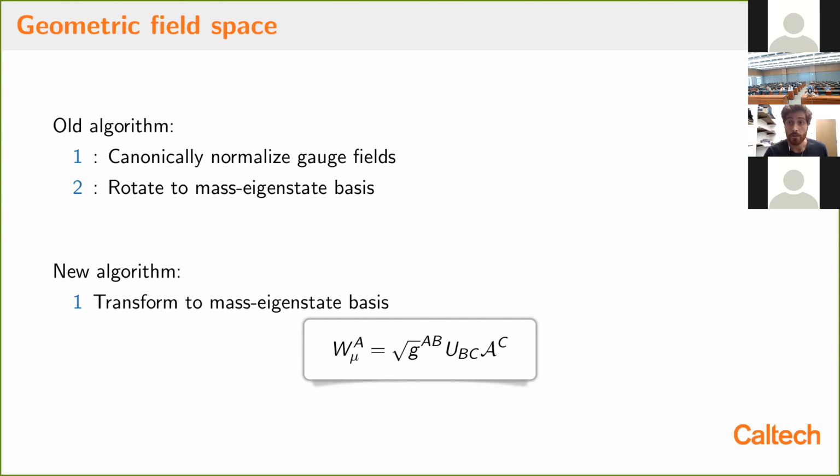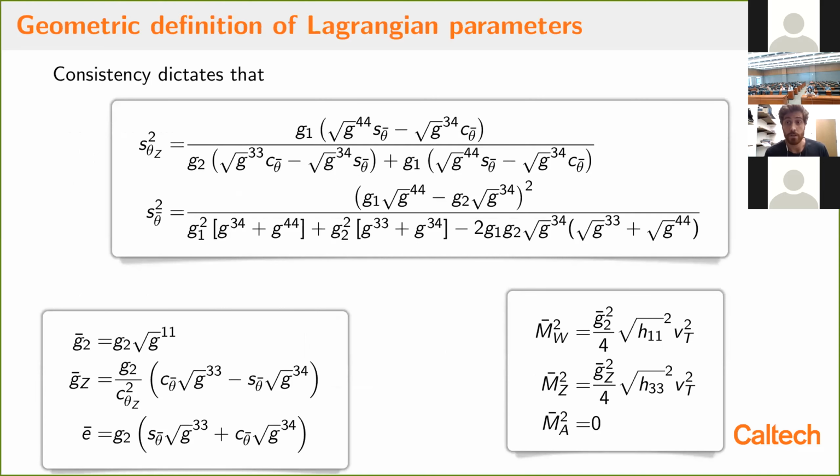And what's more, a direct consequence of this transformation, just based on consistency, leads you to very simple, very closed form expressions for all the gauge couplings. So you have the g2 bar, the e bar, and the gZ bar now only depend on the gauge couplings in the original weak eigenset basis, plus this gauge field space metric.